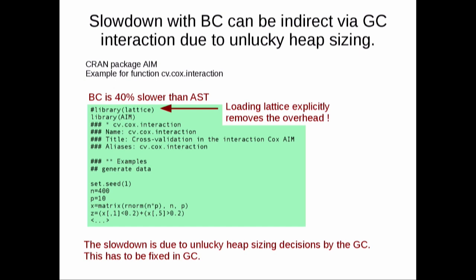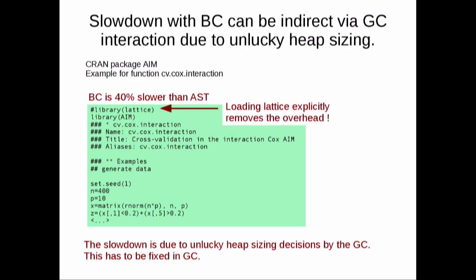One more example, this is also related to GC, but this is not the problem of the package, it's the problem of the GC itself. Sometimes it can happen that the garbage collector would take different decisions when expanding the heap. So when you don't have enough memory, well, you take more from the system. The garbage collector makes this decision.